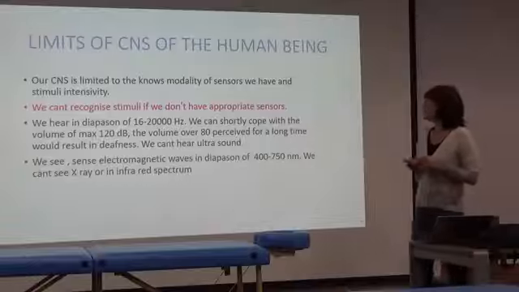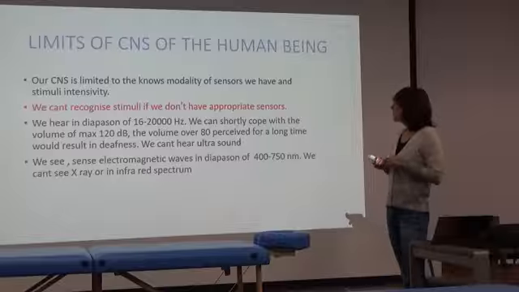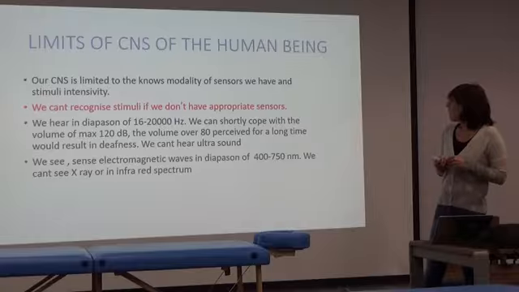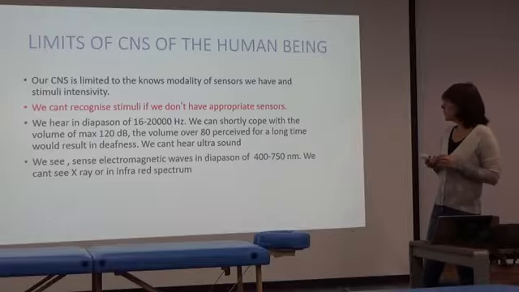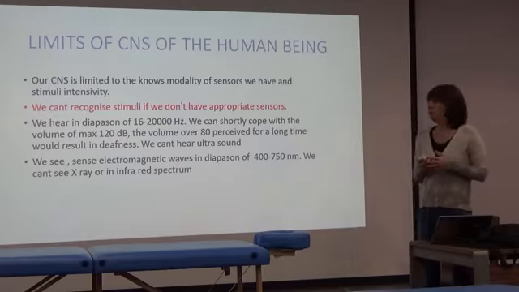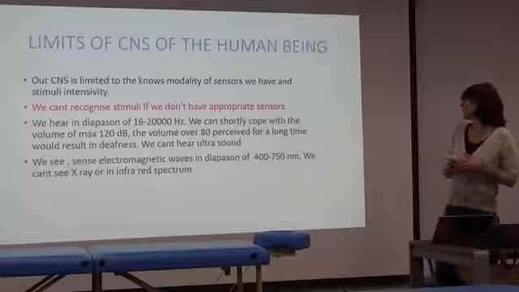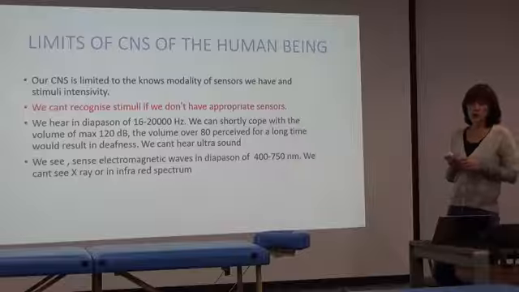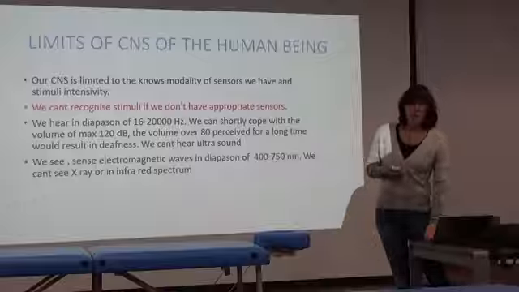And if we have a volume over 80 decibels for a long time, we would go deaf. We cannot hear ultrasound either. Then we can see, so we can sense electromagnetic waves in the range of 400 to 750 nanometers. We cannot see in the X-ray spectrum, or in the infrared spectrum. So we're very, very limited.